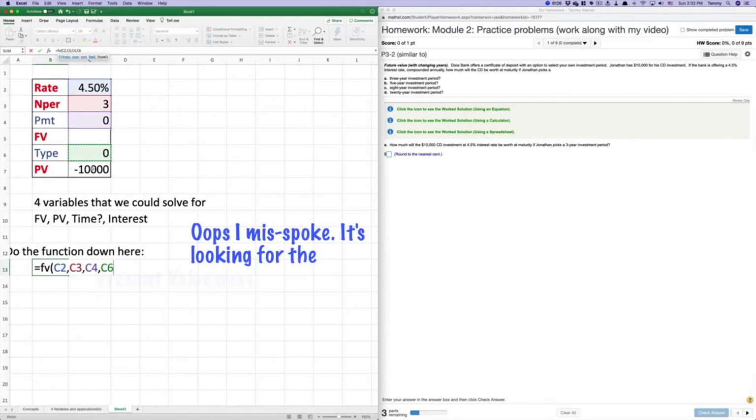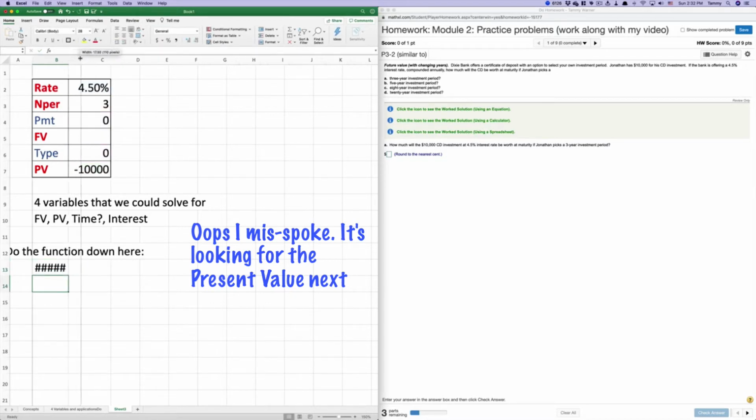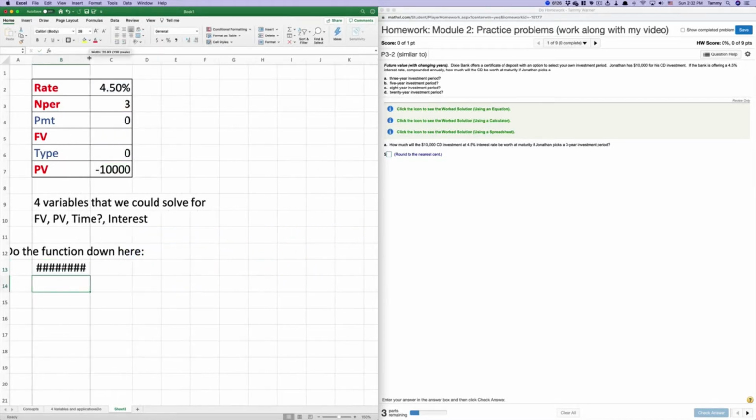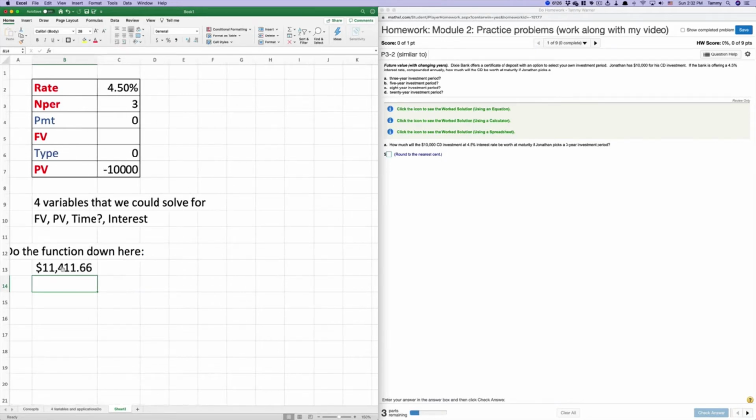I'm sorry, the payment, it's looking for the payment next. And then the type is 0. It should give us 11,411. Right, so that's how much our investment is going to be worth in 3 years at 4.5%.